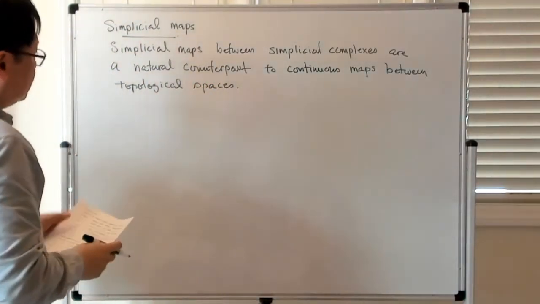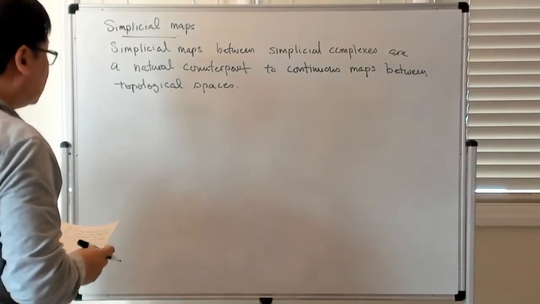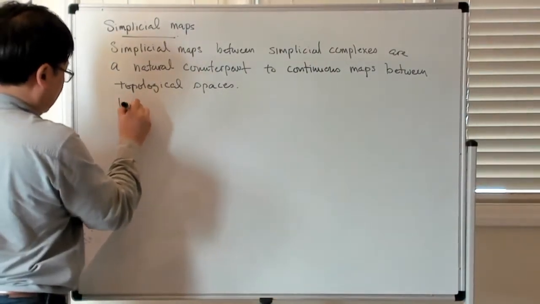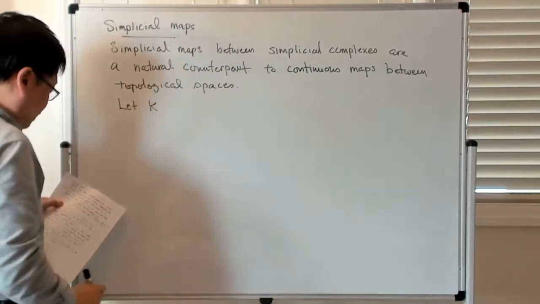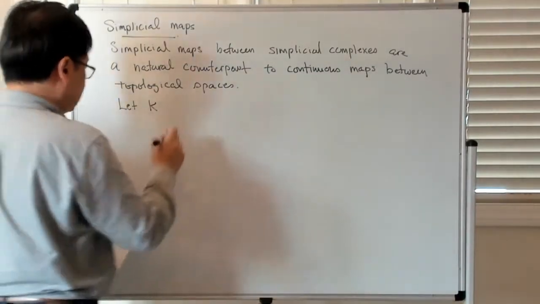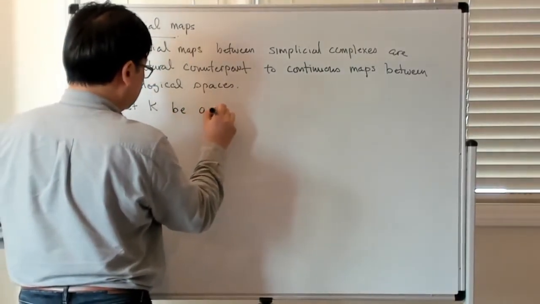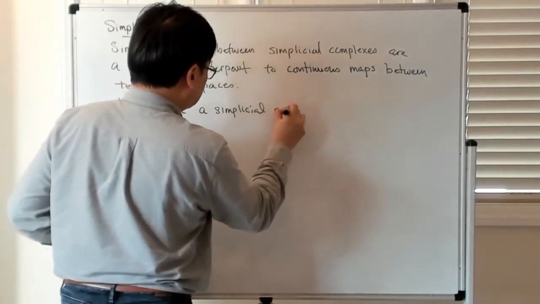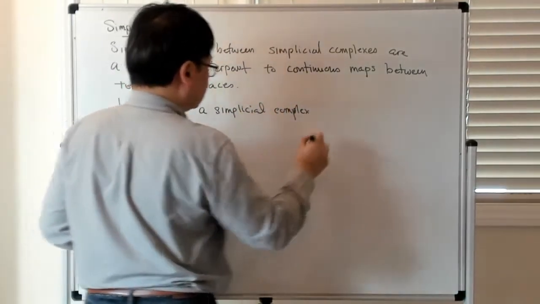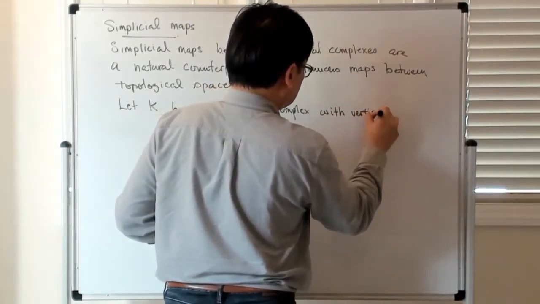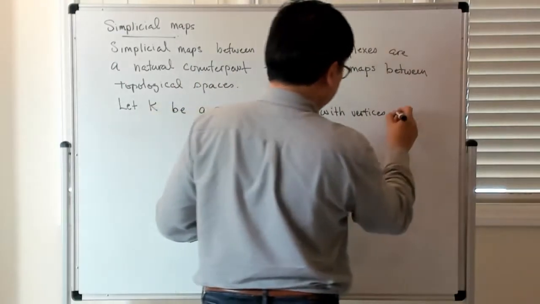Okay, so let's look at how you go about constructing one of these. Let's say we have K, which could be a simplicial complex, and then we enumerate all the vertices, right? Let's call them U0 all the way up to UN.